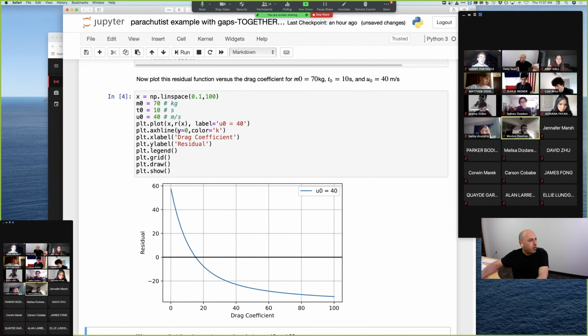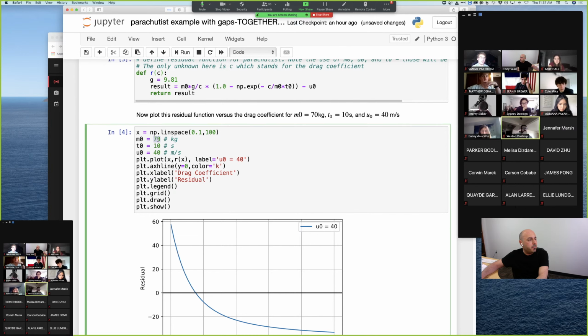And here I'm plotting the residual function versus the drag coefficient, okay? Because we have fixed m and t and u. Okay, we fixed all of those variables, so we're solving for C for a specific problem. So we want to look at how the residual function changes as a function of C.